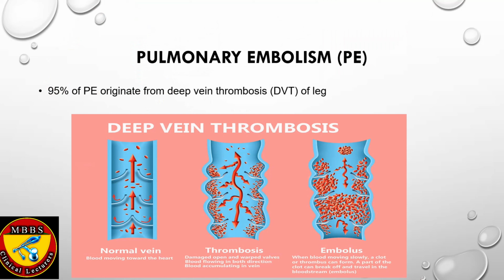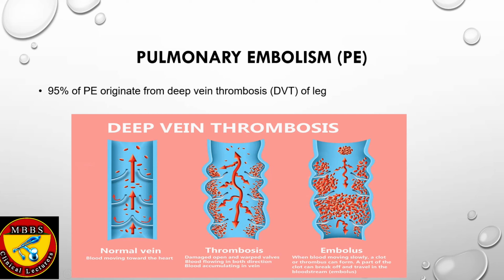95% of pulmonary embolism originates from deep vein thrombosis of the leg. So what is DVT? You can see these three images present here. This is the normal vein. These are the valves present in the vein. What is the function of these valves? They allow the blood to flow only in one direction, towards the heart.